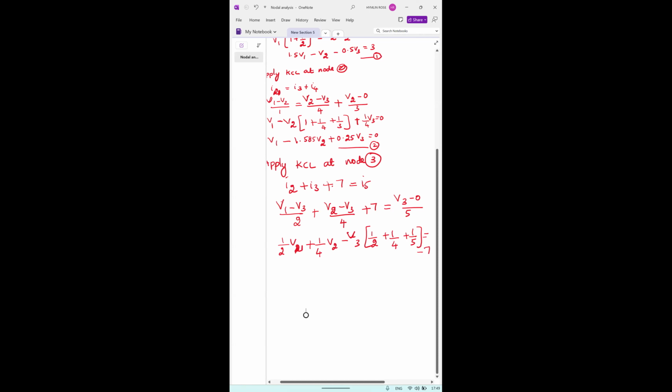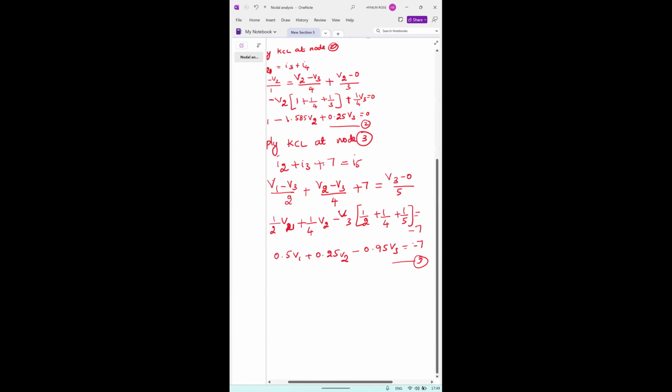So it is 0.5 V1 plus 0.25 V2, 1/2 plus 1/4 plus 1/5 becomes 0.5 plus 0.25 plus 0.2, which is equal to minus 0.95 V3 equal to minus 7. That is your equation number 3.